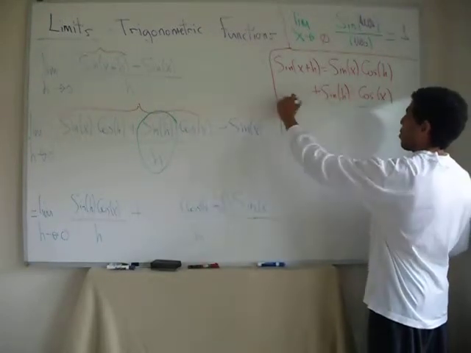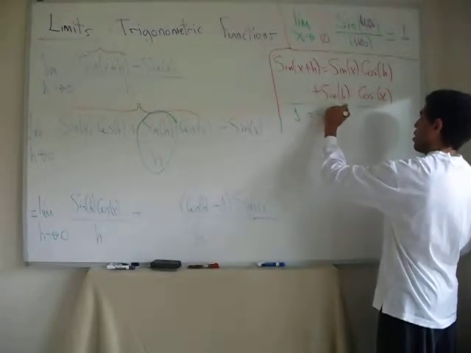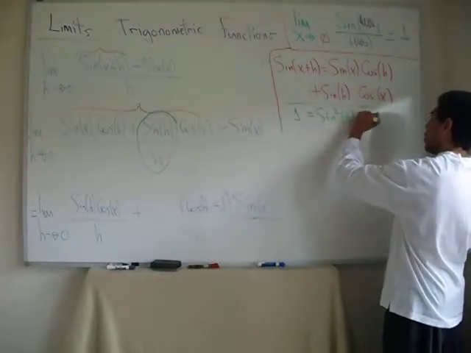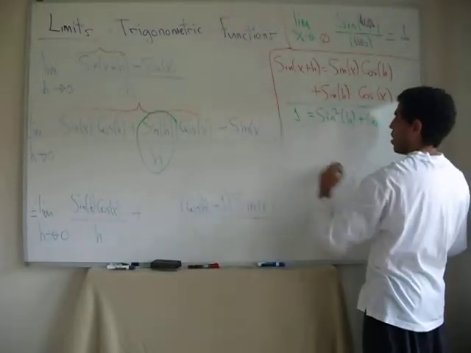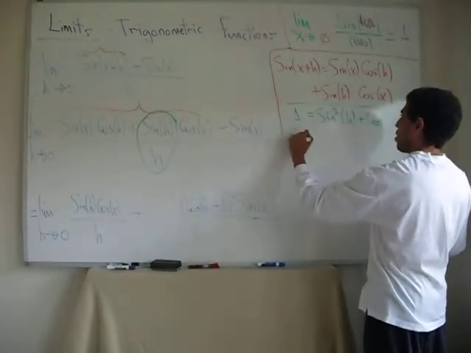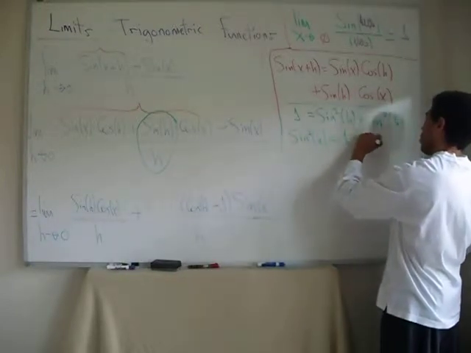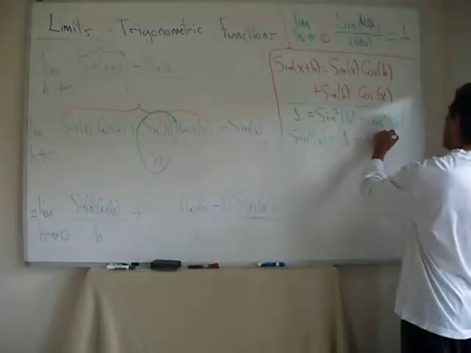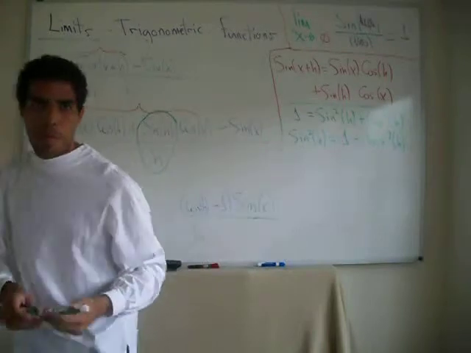In the past example we used 1 equals sin square of h plus cos square of h. And that means that sin square of h equals 1 minus cos square of h. So this is where we want to get, because we want sin to appear here.